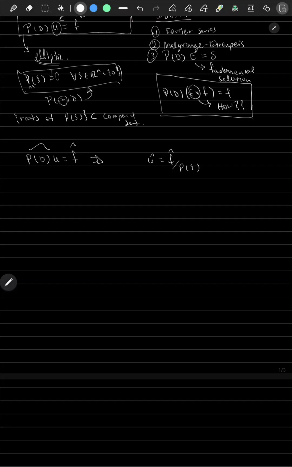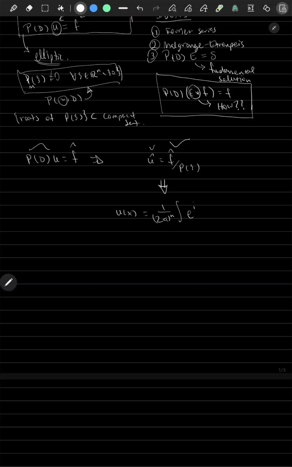So we can take the inverse Fourier transform now. So we take the inverse Fourier transform of both of these. And then we'll get u of x equals 1 over (2 pi) to the n, where n is the dimension of the domain, integral over R^n of e to the i xi. My handwriting is terrible.